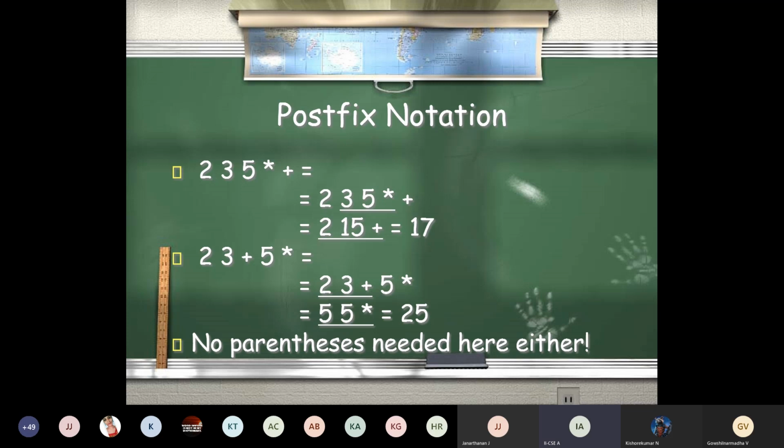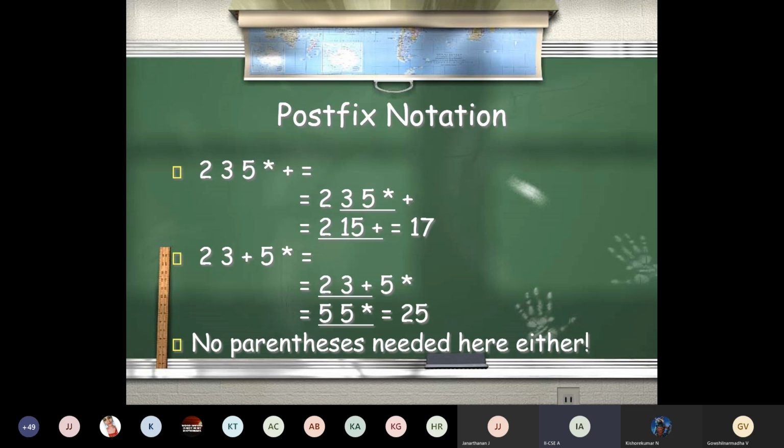Okay, so when you are using a postfix notation, you don't need a parenthesis. You just analyze based on where the operator is, and we are going to evaluate those values first. So you don't need a parenthesis in your postfix notation, whereas in your infix notation, it is a must that you place a parenthesis to denote which one should be evaluated first.